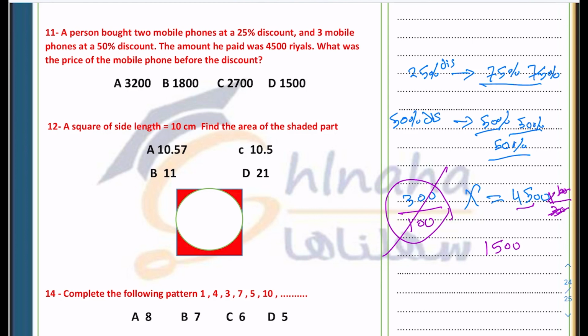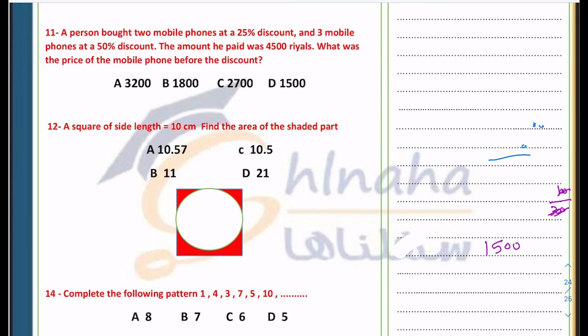So it's 1,500. Let's take the next question. You can also check the choices and you will have the same result. How, mister? How can we check the choices? You will find the discounted price for each phone and then add all of them and check if it's 4,500 or not.